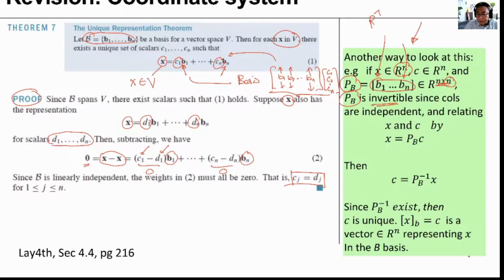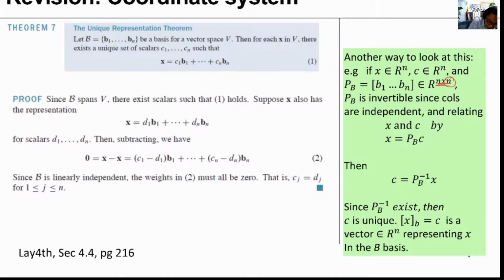So what we can now do is cast this expression: x equals PB multiplied by the c vector. Now, since PB is square and invertible, PB minus 1 exists, and therefore we multiply both sides by PB minus 1.